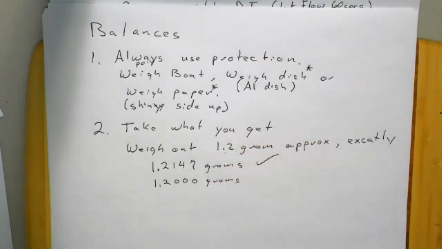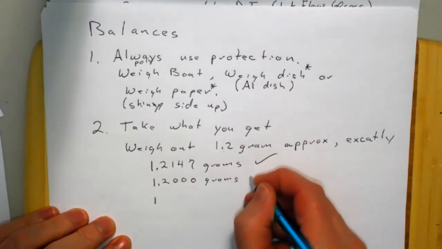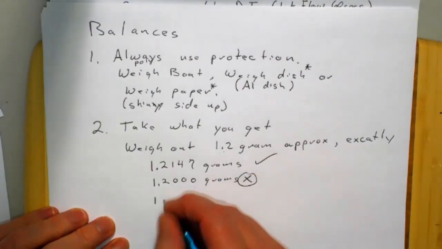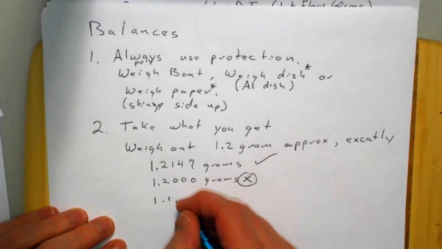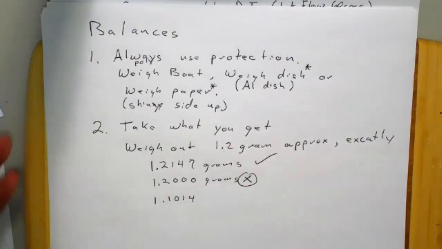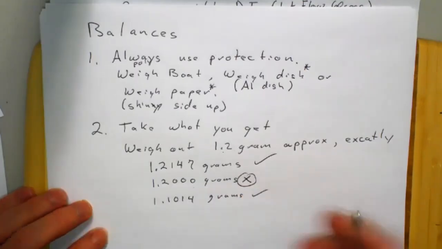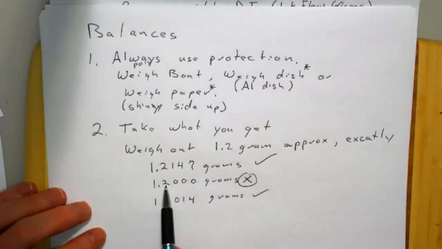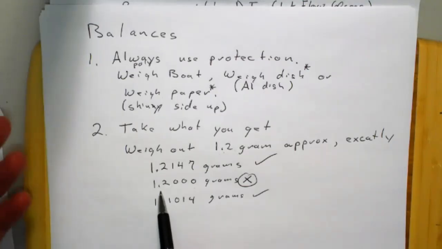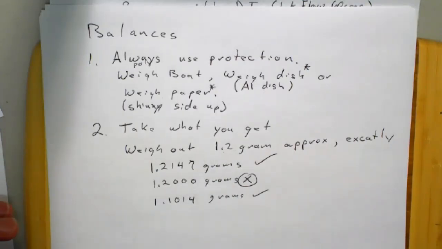Oh, I know where it changes, so I'm going to try to get that again. But when you mix them up, like one is, so that's a no, and 1.1014, that's a yes. So it doesn't have to be too close to even. Usually about plus or minus 5% is what you're trying to get here.